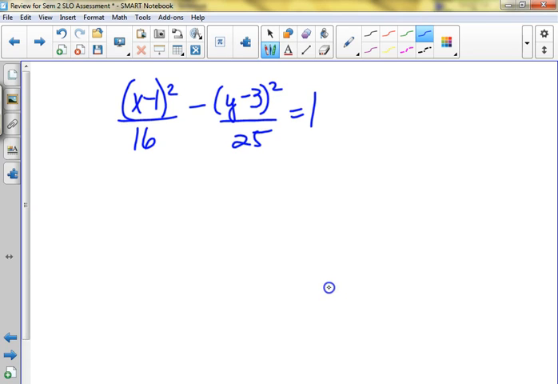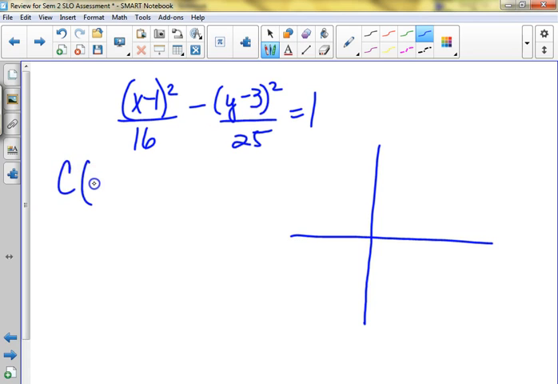You don't have this question, but I'm trying to make sure we really remember all this. This is a hyperbola because it has the minus. The center is at 1, 3 because it's h and k still. Opens which way for this particular one? How do you tell? Okay, the x is the positive, so it's going to open left and right.